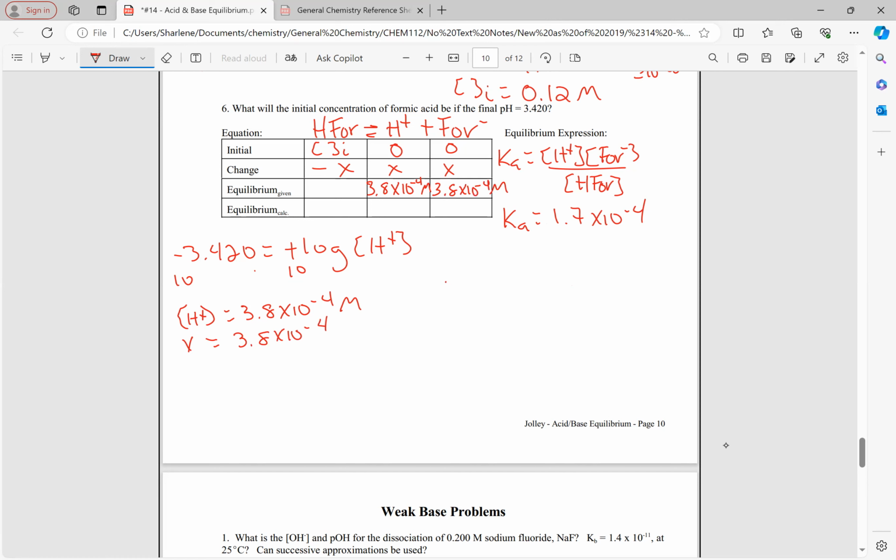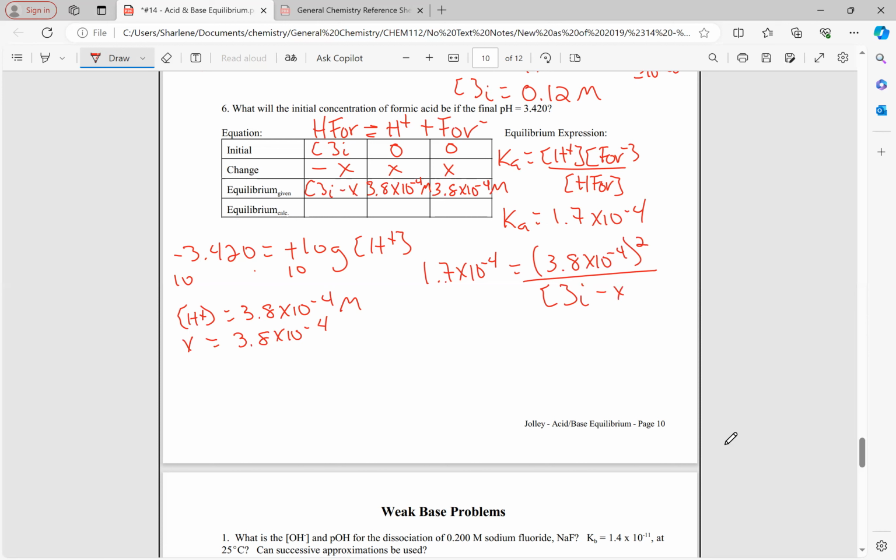All right, so the initial minus x. I now have enough information that I can plug it into my equilibrium expression. So I know that 1.7 times 10 to the minus fourth is equal to 3.8 times 10 to the minus fourth squared, all over the initial minus x.